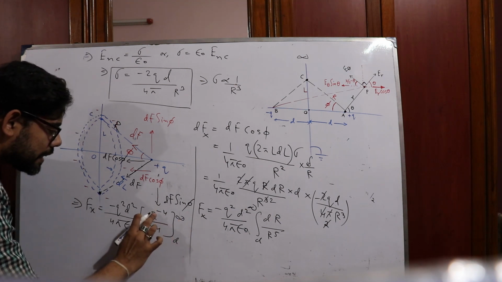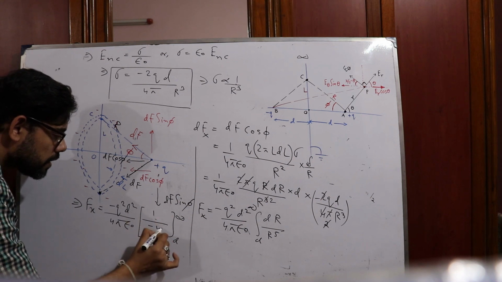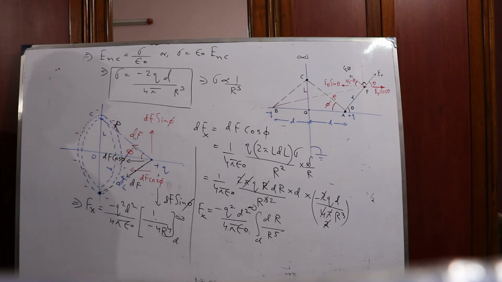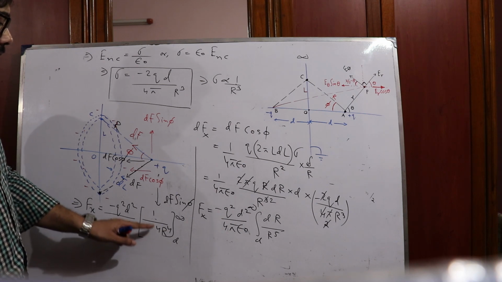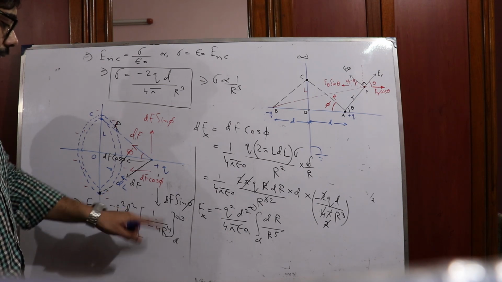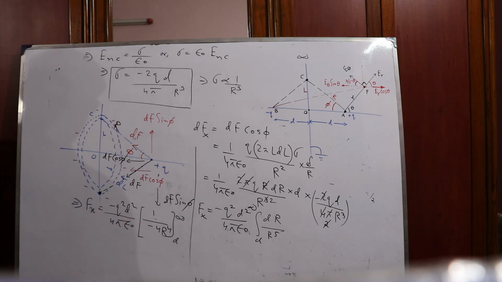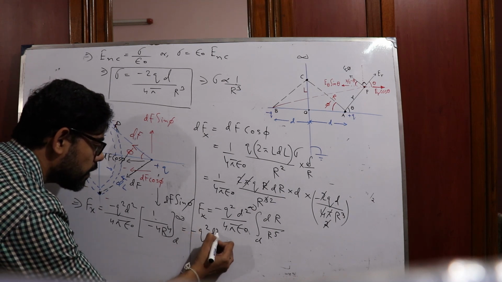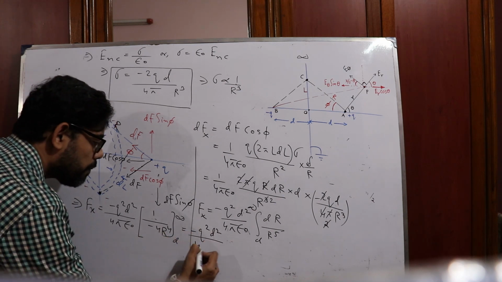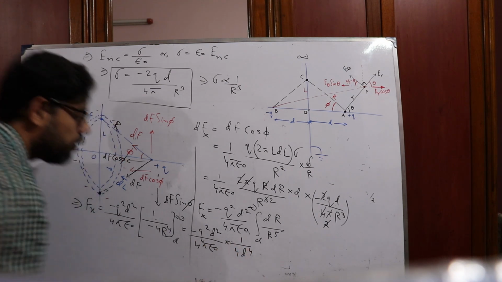So this one is nothing but r to the power minus 4. If you put the upper limit, the value vanishes; if you put the lower limit, you get 0 minus minus of this, so plus, and here you get 4 d to the power 4. So minus q square d square by 4 pi epsilon 0 into 1 by 4 d to the power 4.